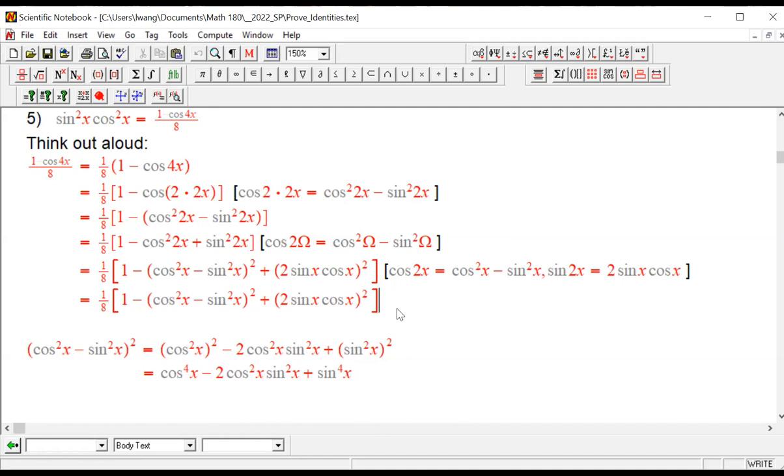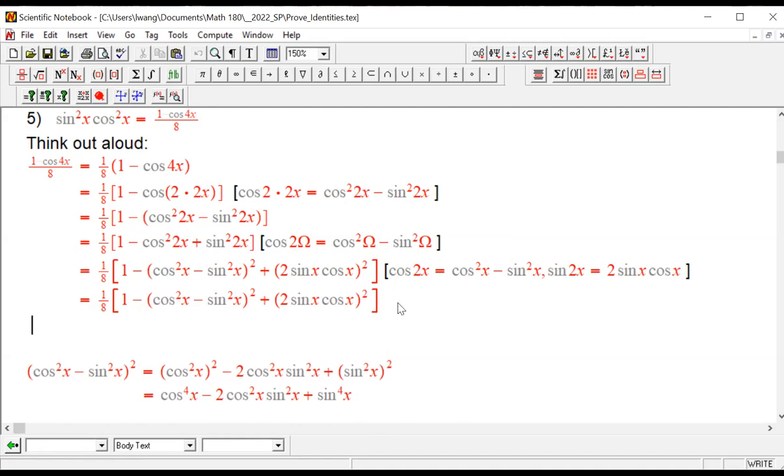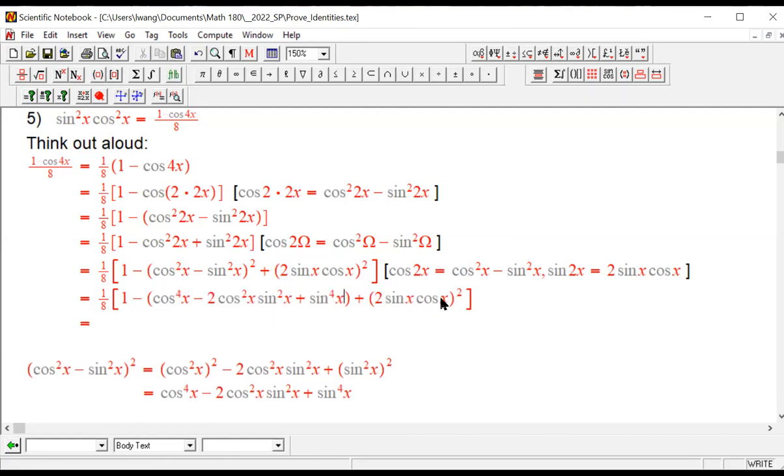So now it's time to plug in. I'm going to replace this piece by its equal, which is right here. So this entire piece will be replaced. Obviously, I need a parentheses. And this piece, when we square every term, we're going to get 2 squared, sine squared, cosine squared.